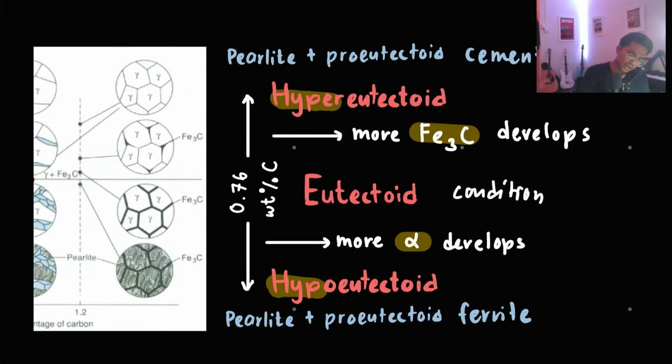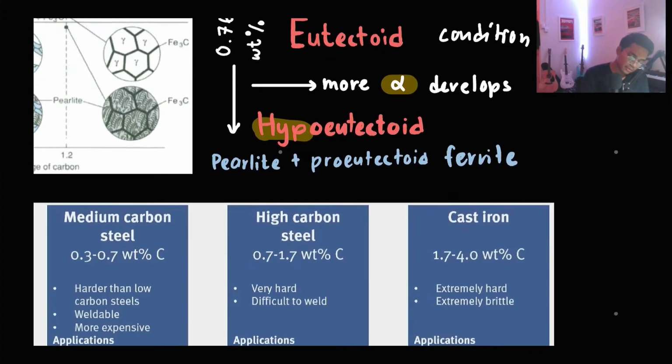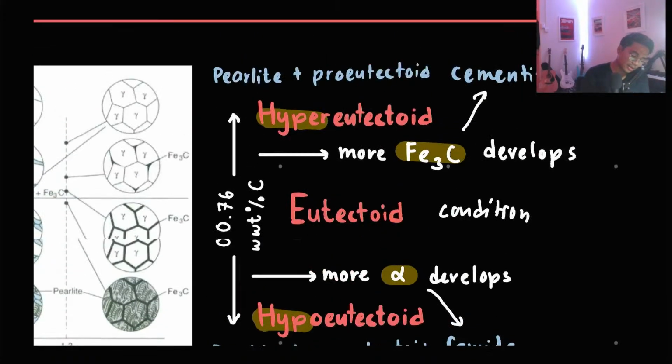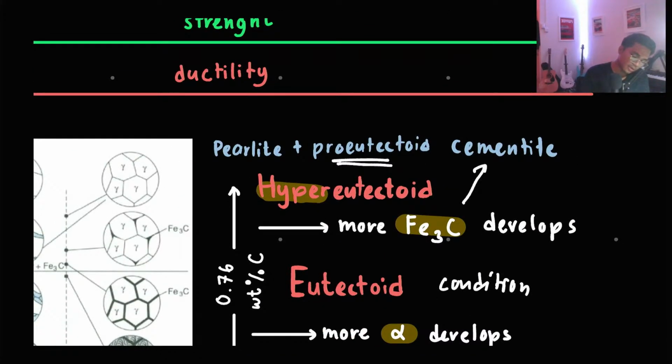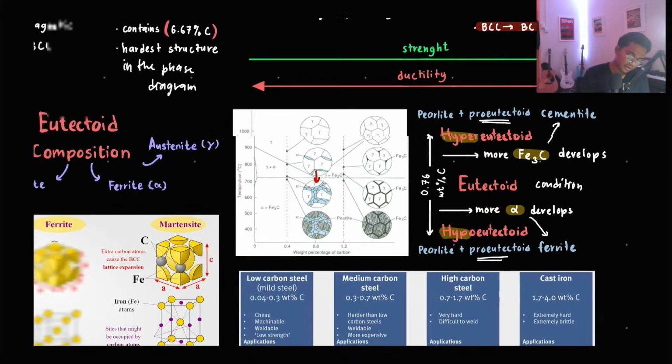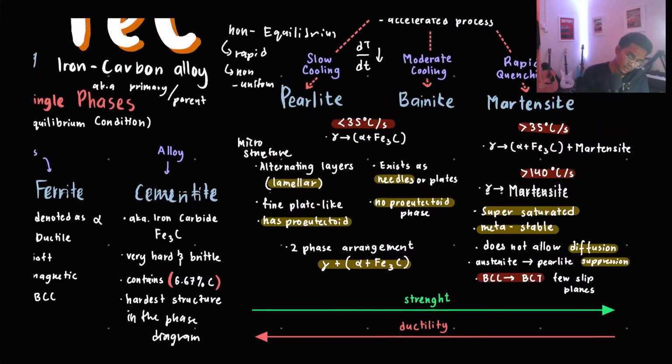Because here you have much more cementite developing, and here you have much more ferrite developing. So you have a pro-eutectoid ferrite here, and a pro-eutectoid cementite here. So that is the difference between hyper-eutectoid and hypo-eutectoid.